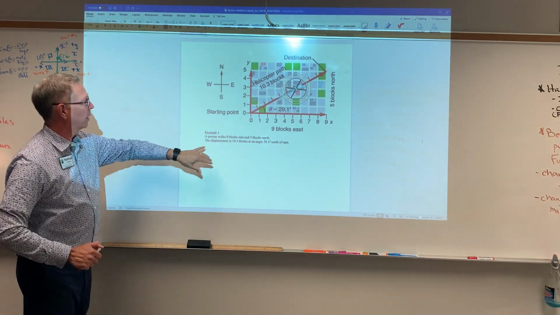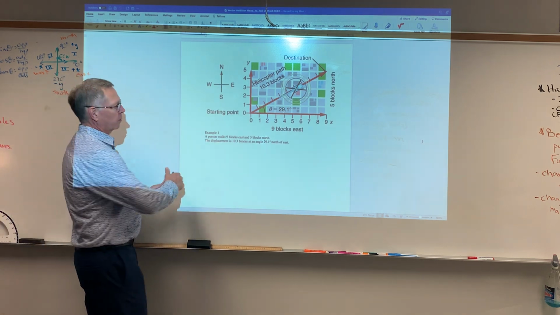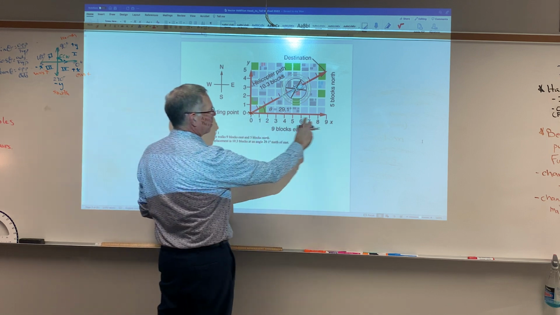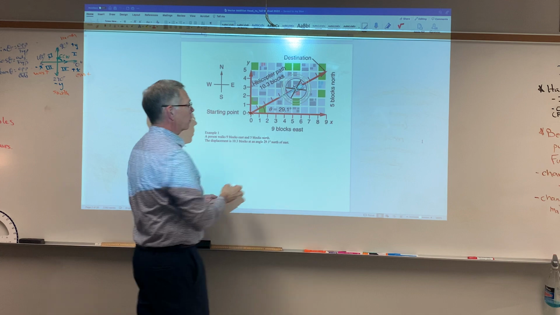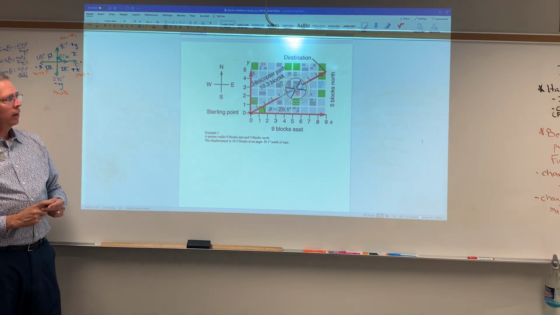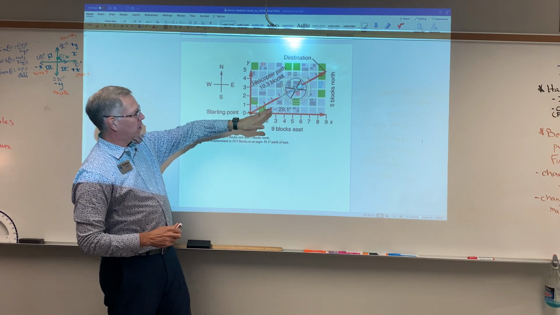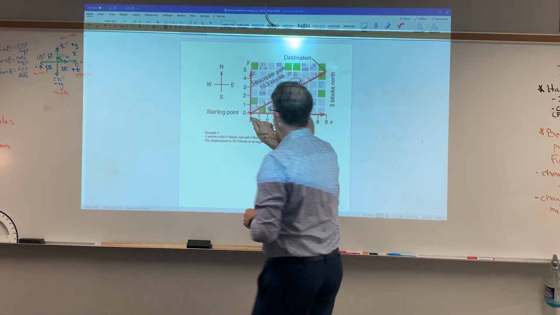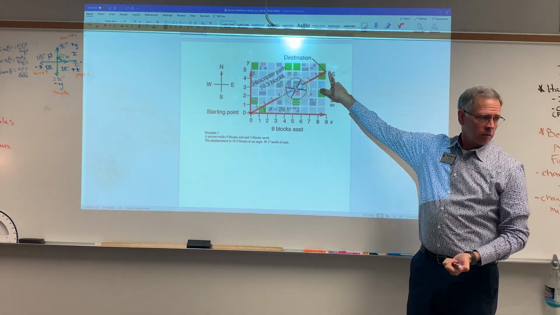The example here is a person walks. Okay, so it starts here at the origin. A person walks 9 blocks east. Okay, then they turn and walk 5 blocks north. And the question is, what is their displacement? How far are they? So if you were to fly in a helicopter in a straight line, how far are they from where they started, and in what direction?